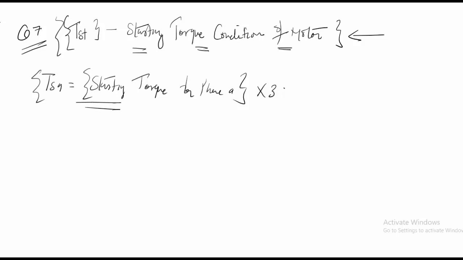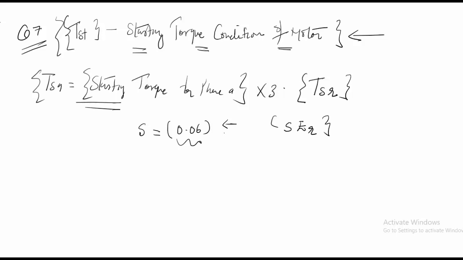Now it is to see what my running torque TSR is. Considering a case where my slip is 0.06, and the slip has been reduced, the change will come in my voltage. So my voltage of the rotor will be multiplied by the slip, and the reactance per phase will be multiplied by the slip factor.